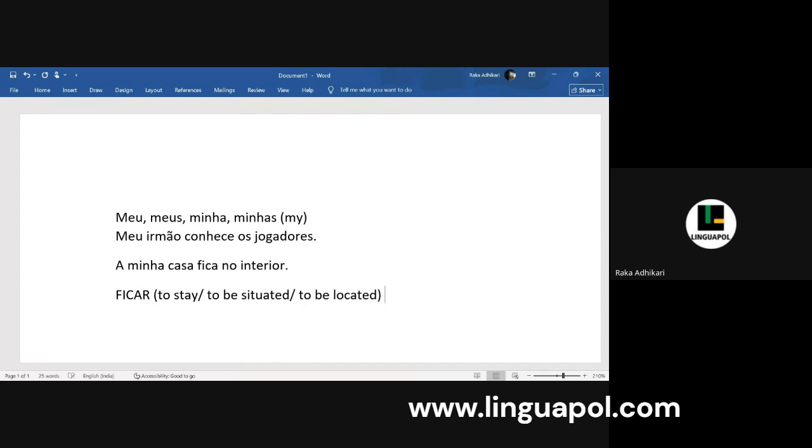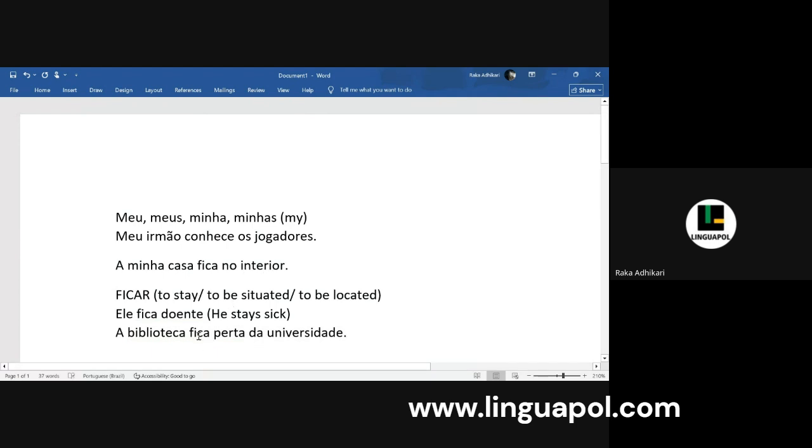So with the same verb, we can say, for example, Ele fica doente. He stays sick. Or basically he is sick. Or we can also say, a biblioteca fica perto da universidade.